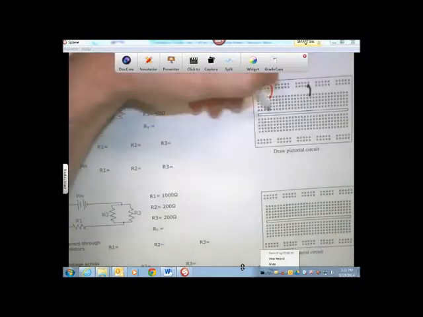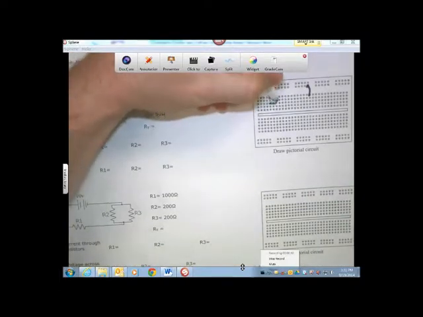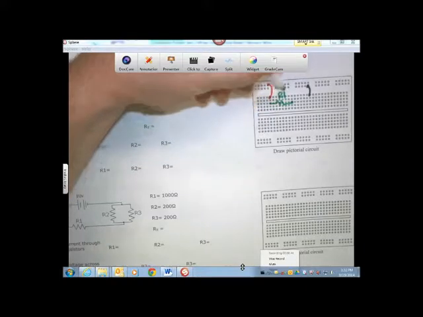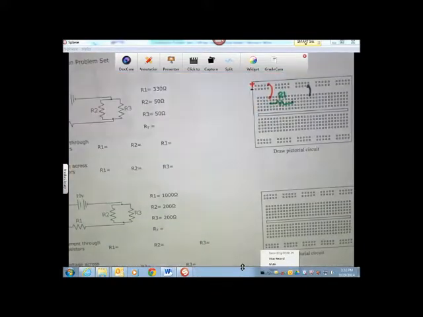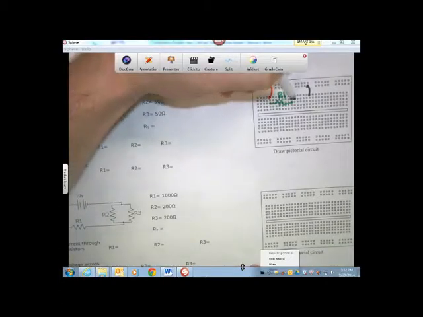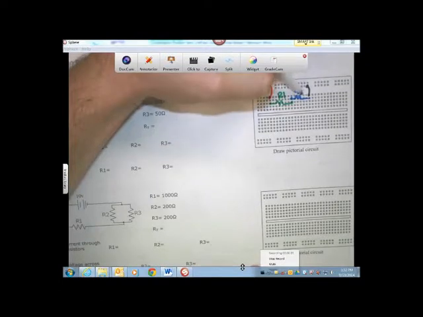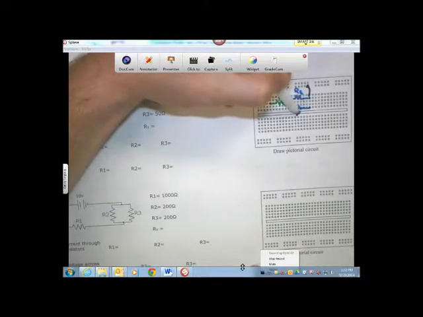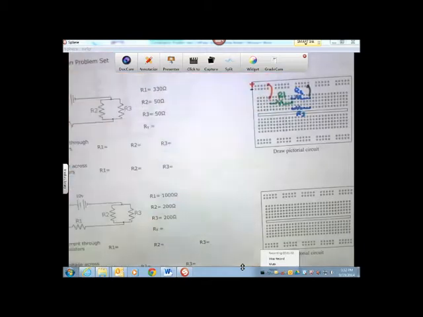And we have R1, which is in series. And R2 and 3, which are in parallel. That will help us understand current flow.